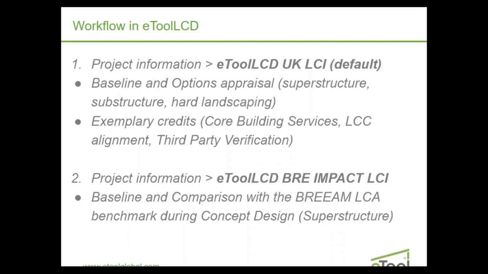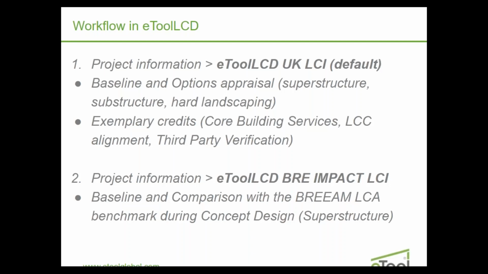So you get your project information. You start with a Revit model or a CSV file, and then you do the first matching to build your design using the default LCI. Then you create your baseline and start doing your optioneering, superstructure, substructure, and hard landscaping as you used to.